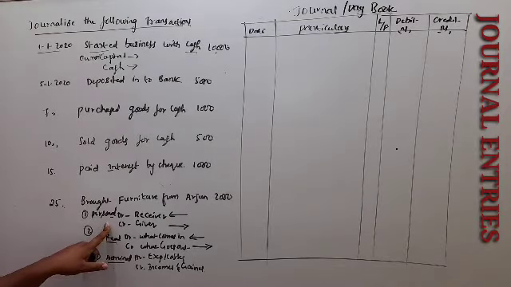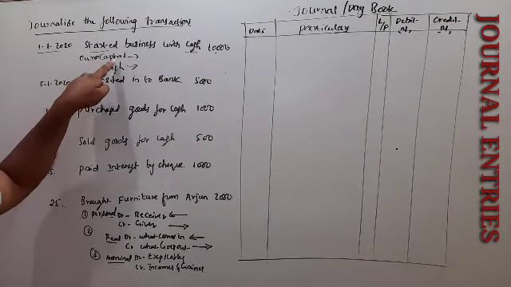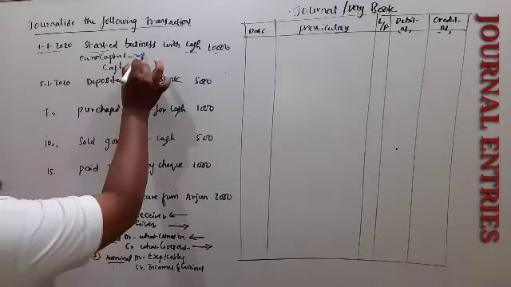Personal account is related to the names, let it be a person name, a company name, organization name, partnership firm name, college name, school name. All names come under a personal account. So the owner is investing the capital, so it is a personal account.